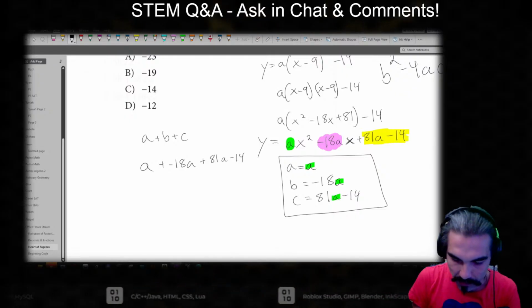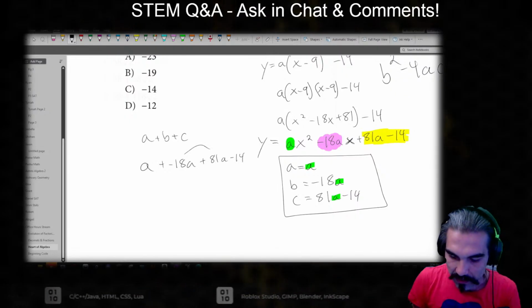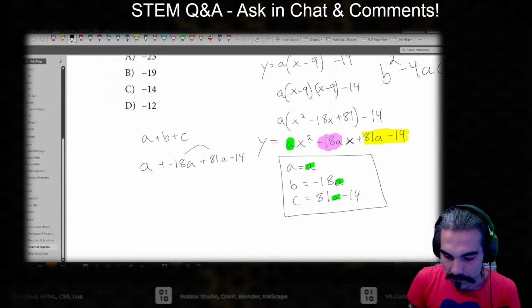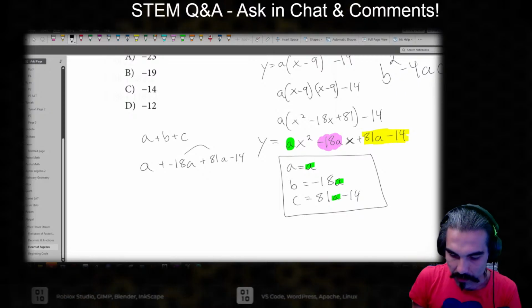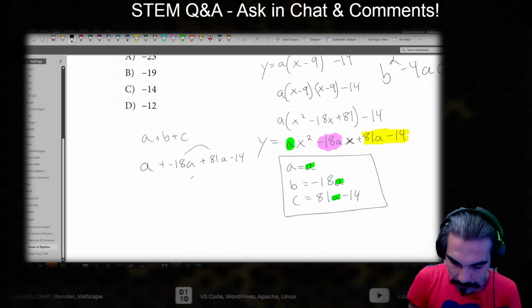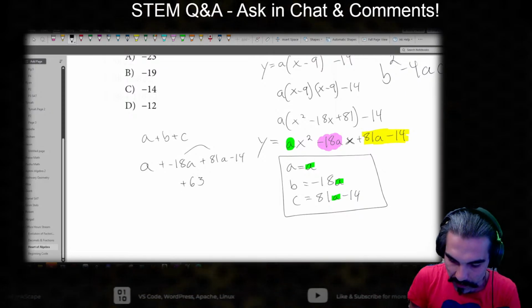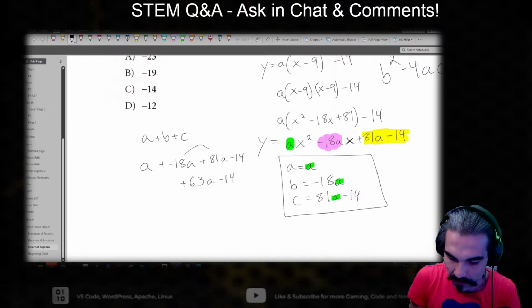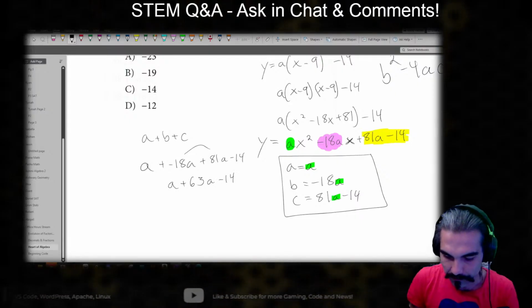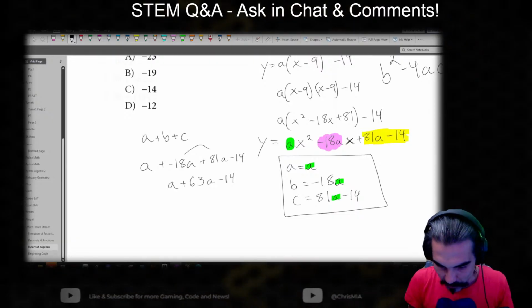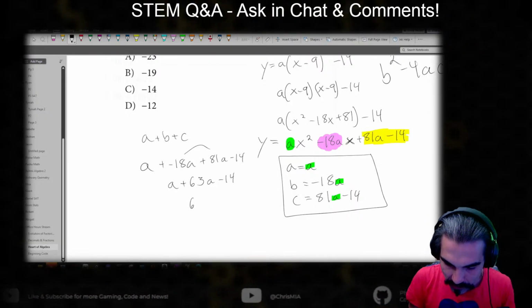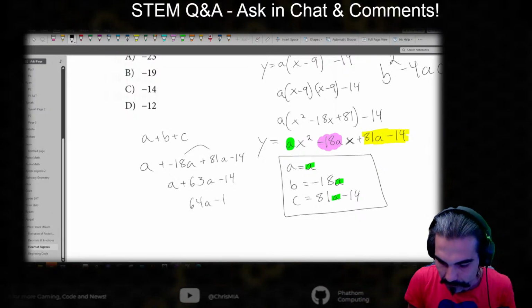Simplify a bit because it looks a little messy. Negative 18 and 81 gives positive 63a minus 14. And then a in the front. We can go forward with one more combination. That's 64a. There we go.